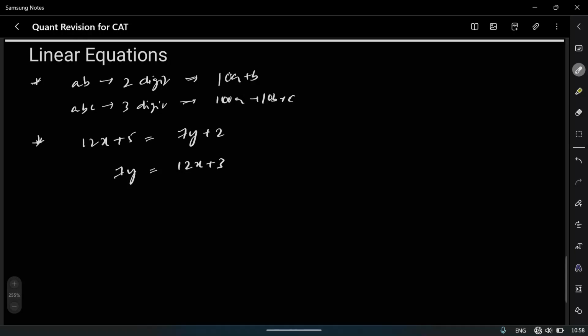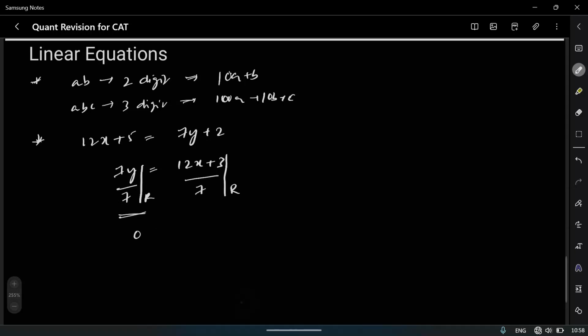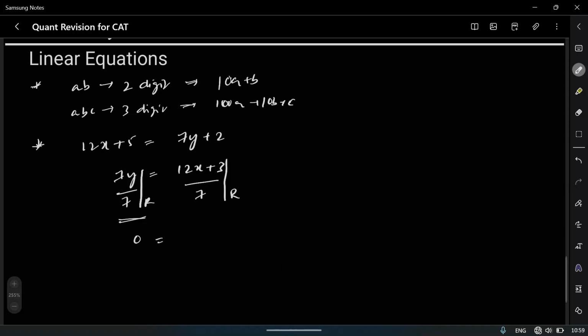If we divide both LHS and RHS by 7 and take the remainder, for LHS the remainder is 0, right? For RHS, 12x can be written as 7x plus 5x. So 5x plus 3 divided by 7. So you have to find the remainder.